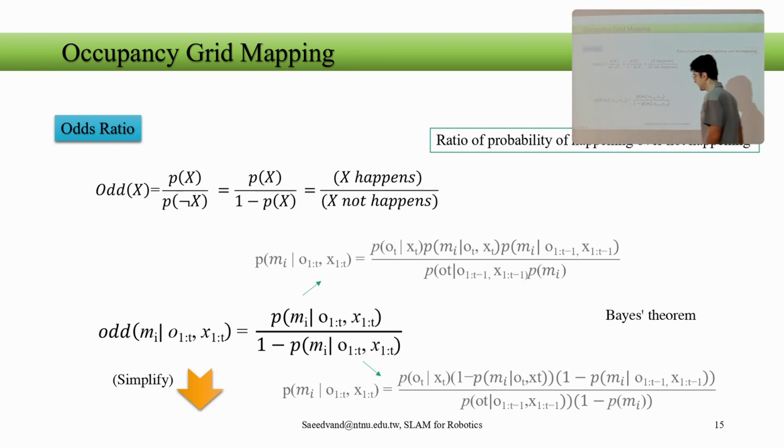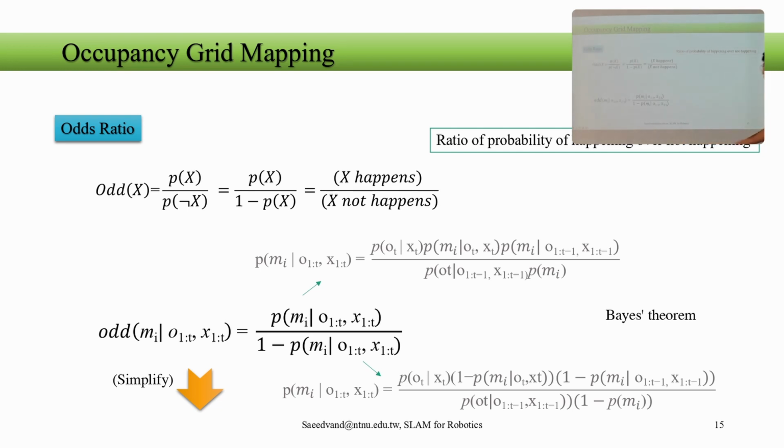After knowing that we have the odd ratio, now we want to bring that probability into the form of the odd ratio. If you remember, we had the probability of mi for each one of the grid cells, given the observations and x's. That representation of probability now needs to come to the form of odd. How is that happening?